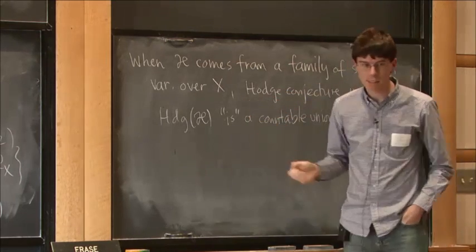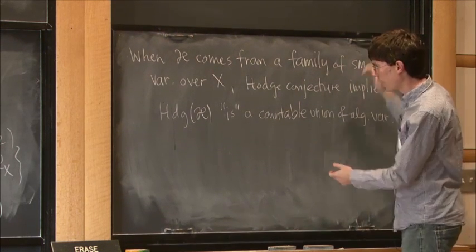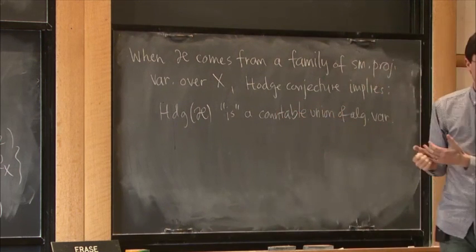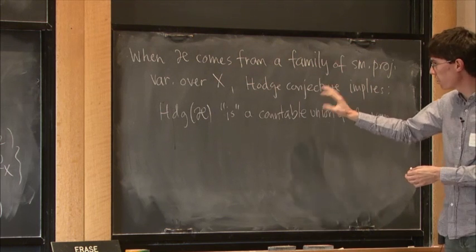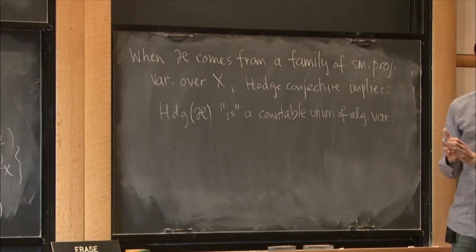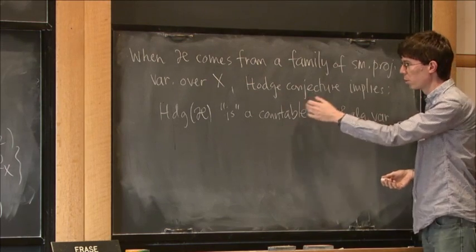Okay, so in the sense that there are these algebraic varieties, and if you take the corresponding analytic spaces, then you get this locus of Hodge classes. And so here again, the reason is the same as you usually have when you study algebraic cycles. If the Hodge classes came from cycles, then you'd be looking at moduli of certain kinds of cycles, and these would be parameterized by countably many algebraic varieties. So this is where the countable and algebraic come from.